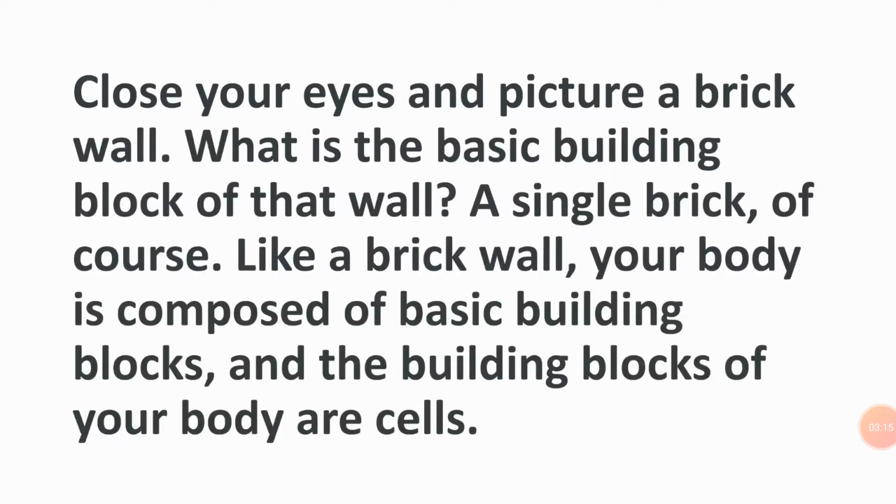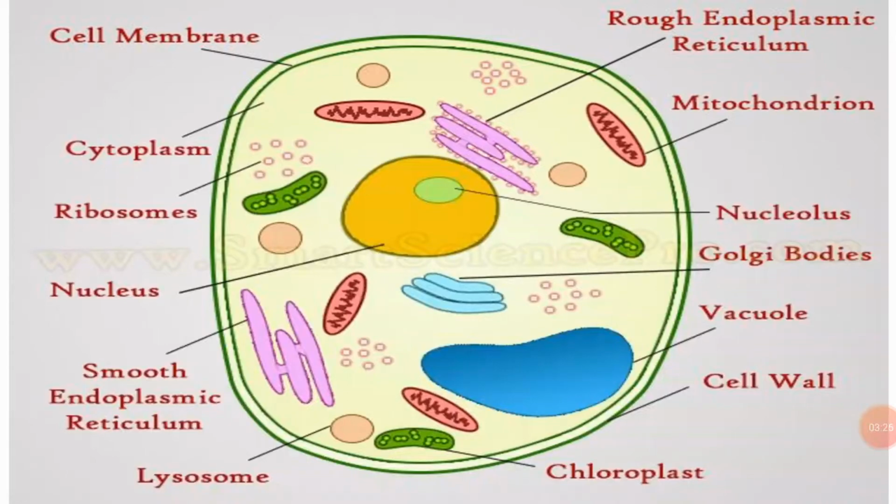If we are studying the cells, we have to know what the examples of cells are. This is the slide which represents a diagram of a cell. Look at this picture. The picture is representing a plant cell.